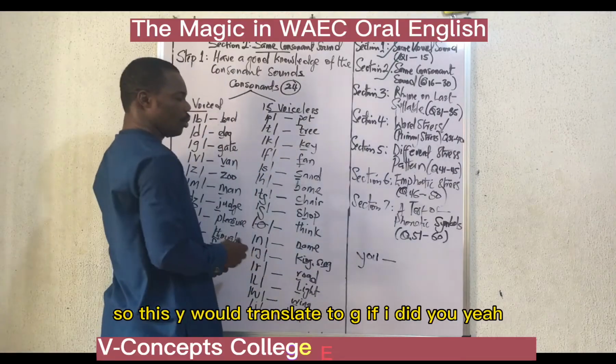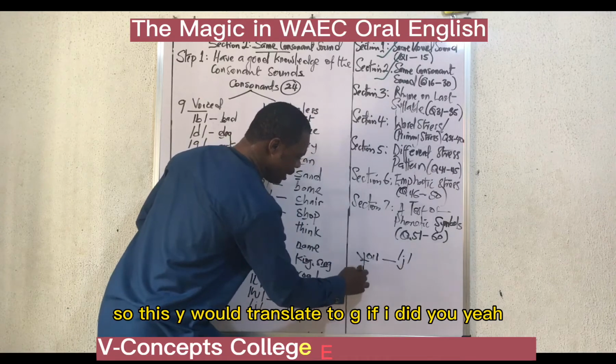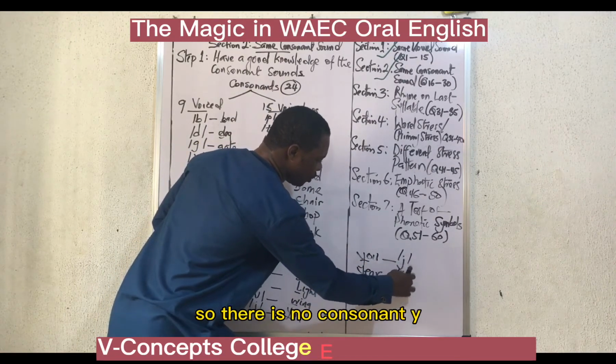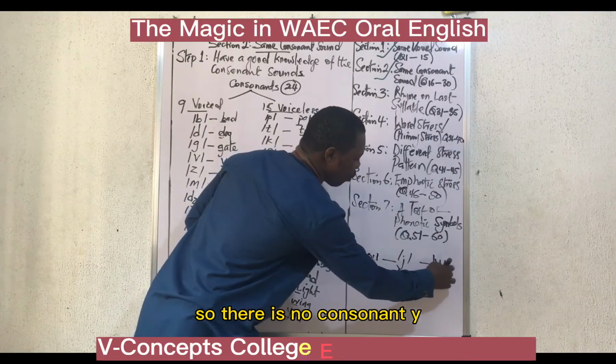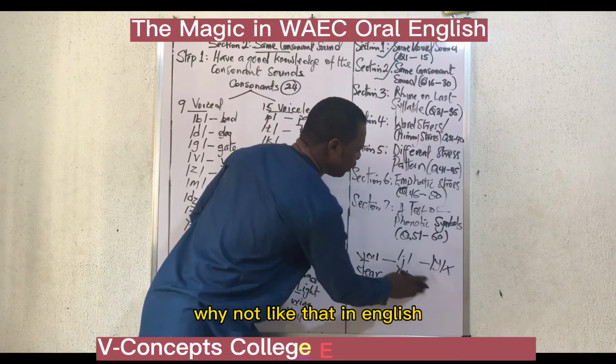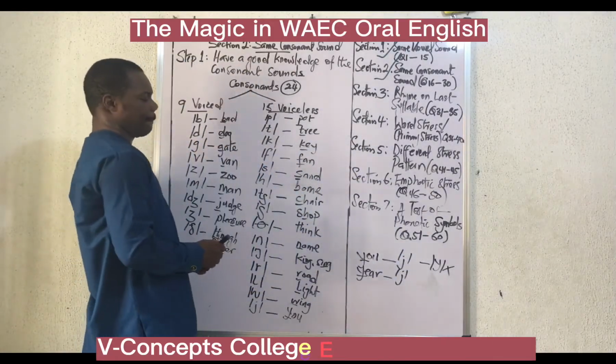This Y will translate to J. If I give you yeah, this Y again will translate to J. So there is no consonant Y in English. So all Y translate to consonant J.